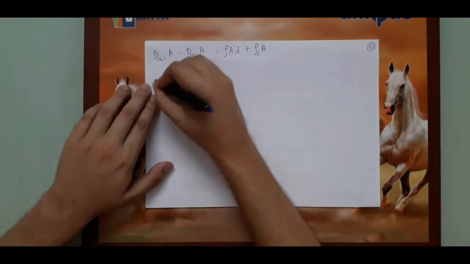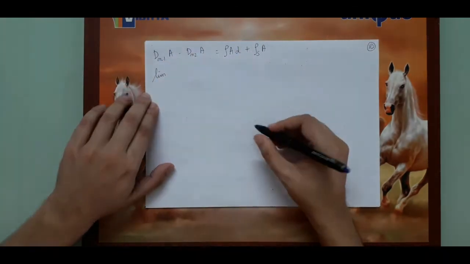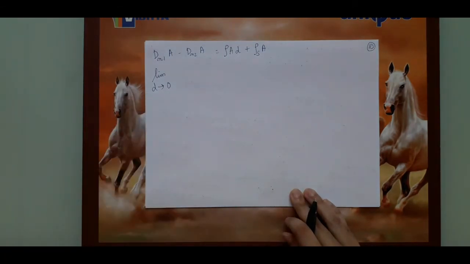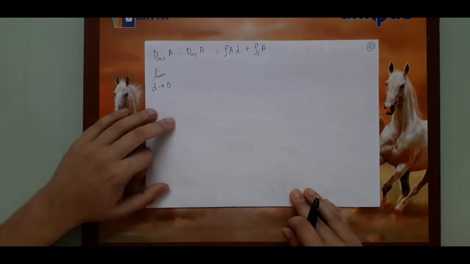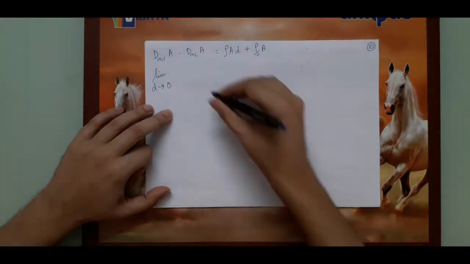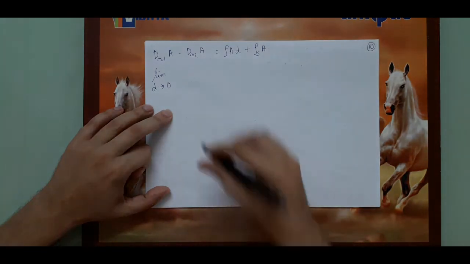So now we will put the surface condition where limit d tends to 0, because we want the surface to be just on either side of the boundary. So if I put this limit d equal to 0, this term will cancel out.